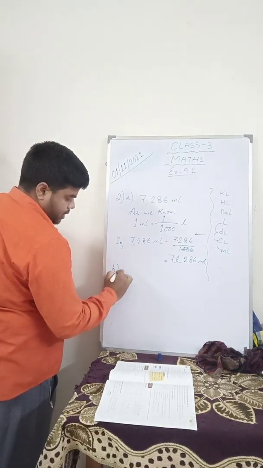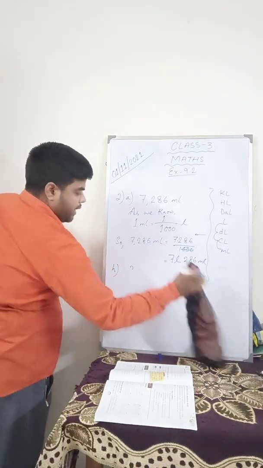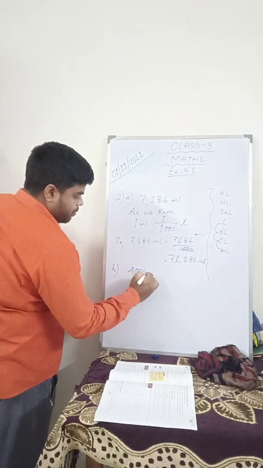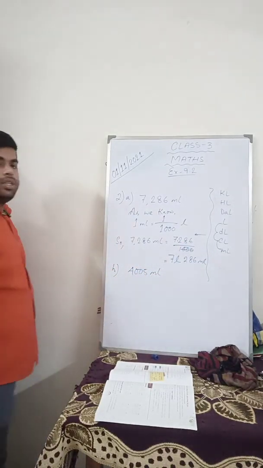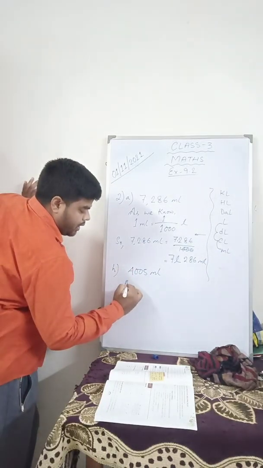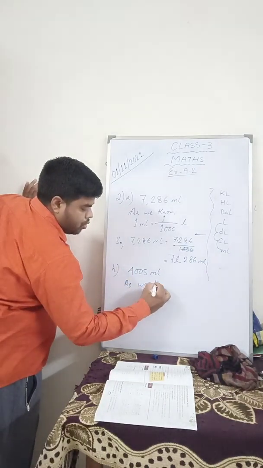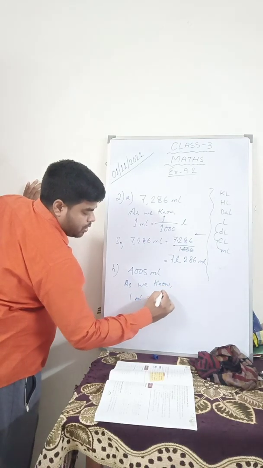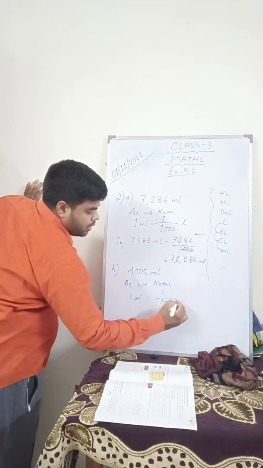Suppose number 8. Number 8 they have said 4005 milliliter and convert this into liters and milliliters. So you have to write here, as we know, 1 milliliter is equal to 1 by 1000 liter.